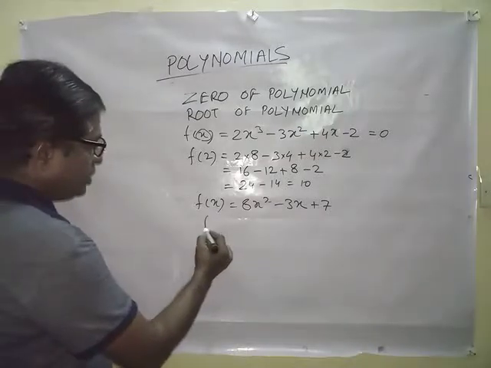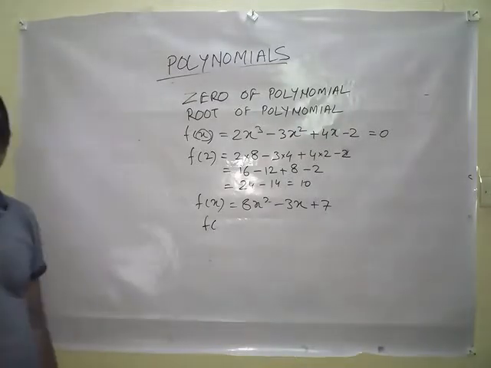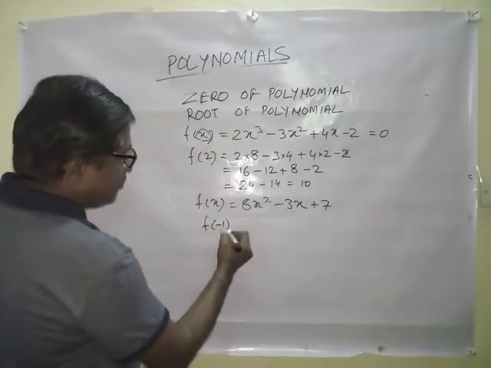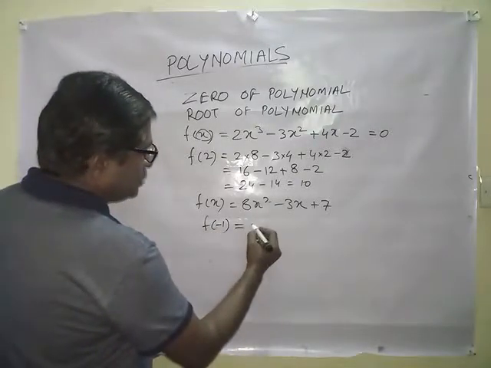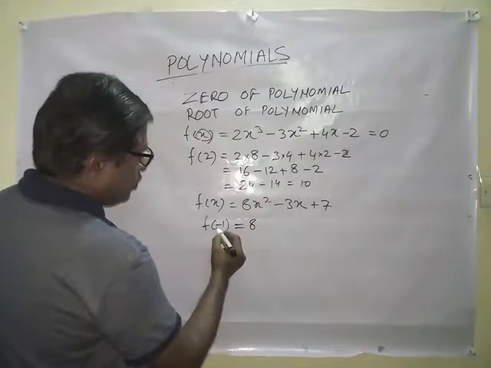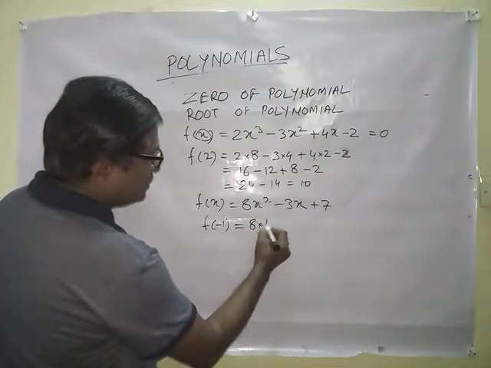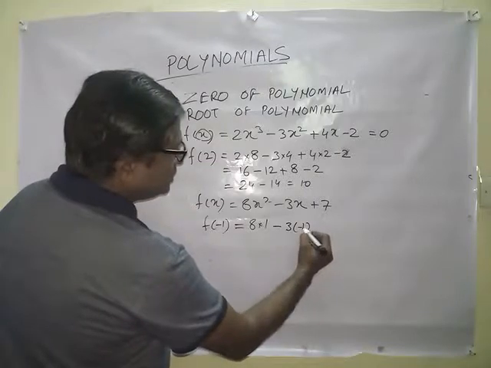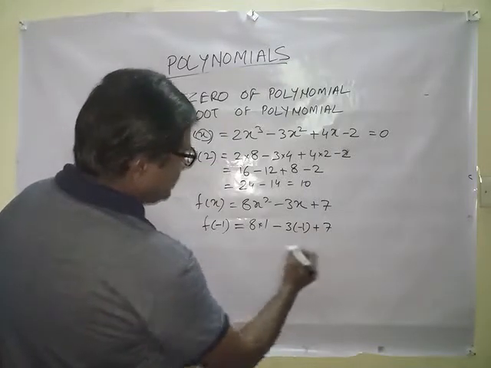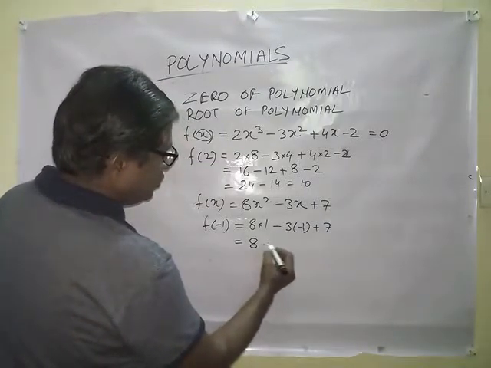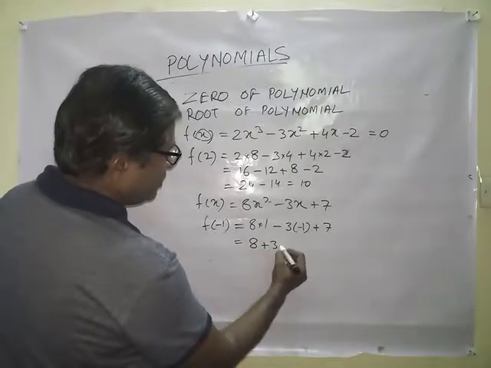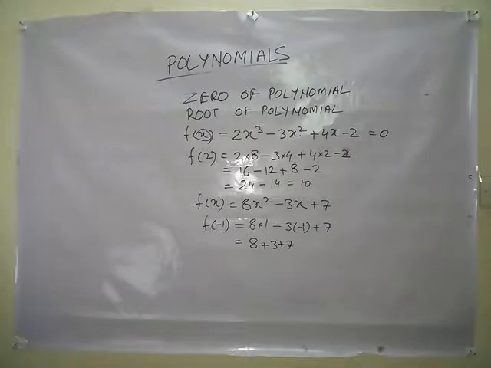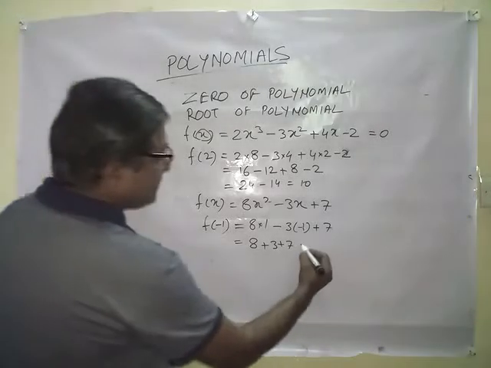If you find out f(x) value, you replace x with minus 1. So 8 times minus 1 square is 8, minus 3 into minus 1 is plus 3, plus 7, is equal to 8 plus 3 plus 7, which is 18.